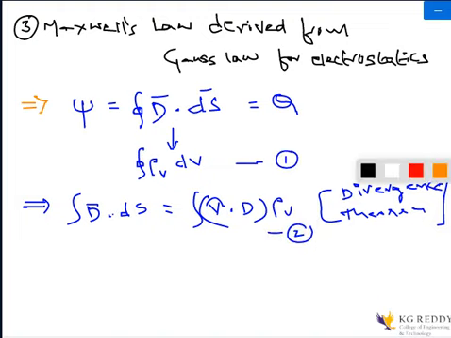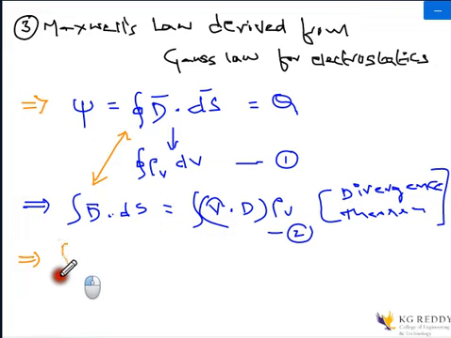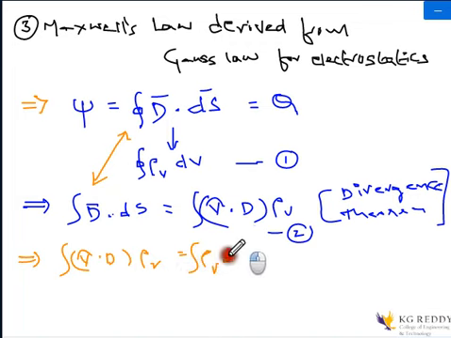If you clearly observe equations 1 and 2, these two have a common term. So finally I am relating this with this equation. In the final equation you will get the integration of divergence of D dv can be written as the integration of rho v dv, which I have taken from this equation. From both the equations you can observe that I can cancel these two.